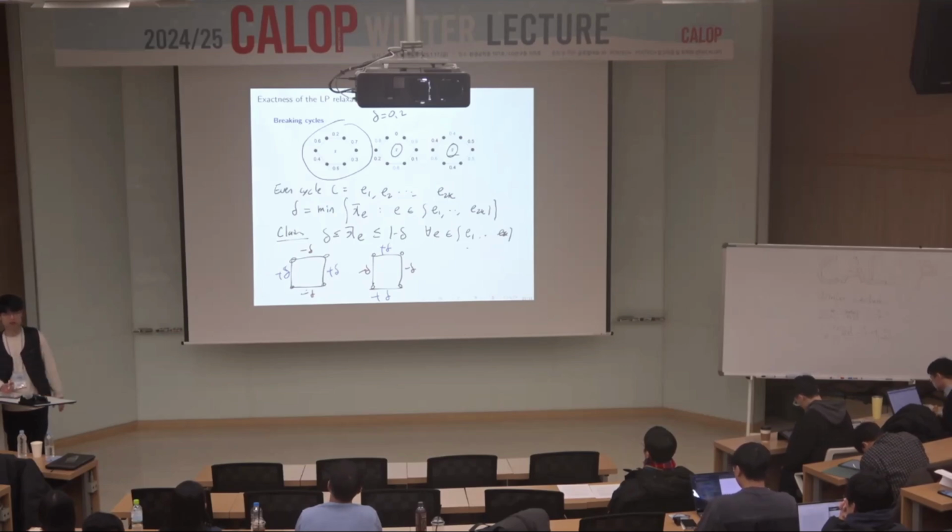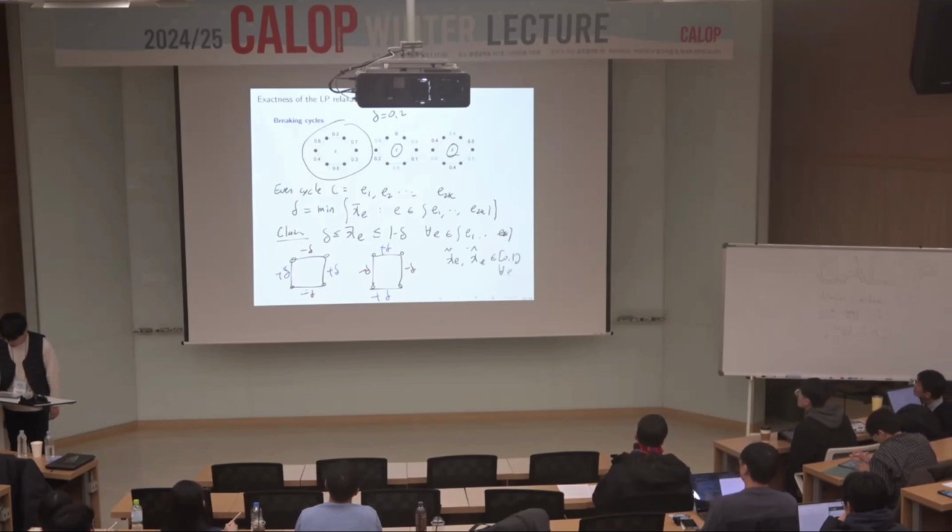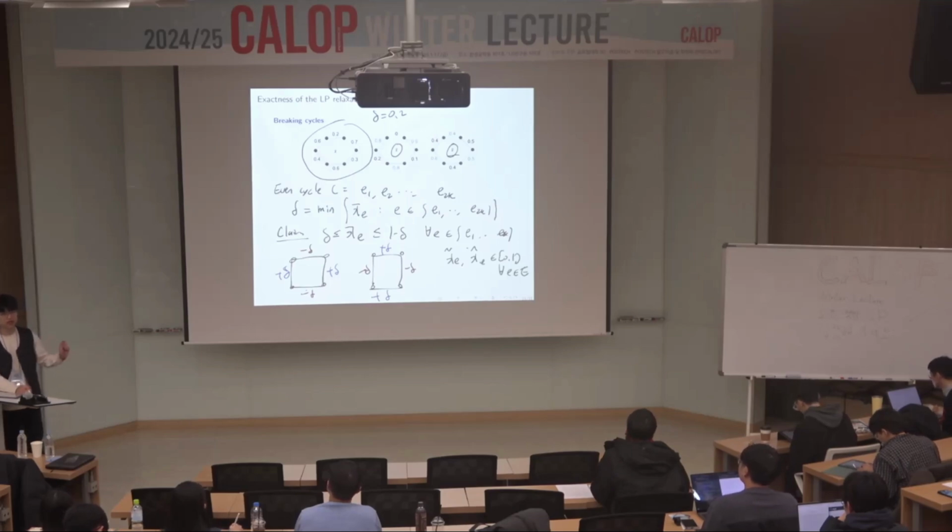Each variable has value in [0, 1] for all edges in E. And for the degree constraint, I don't have any problem because I care about vertices on the cycle, and because I alternately added delta and subtracted delta, the summation of the variables around each vertex remains the same.